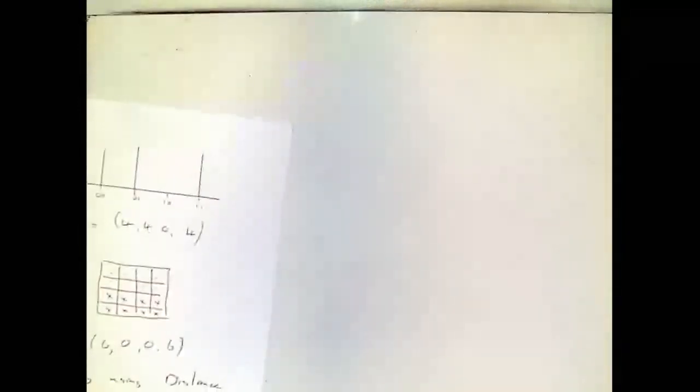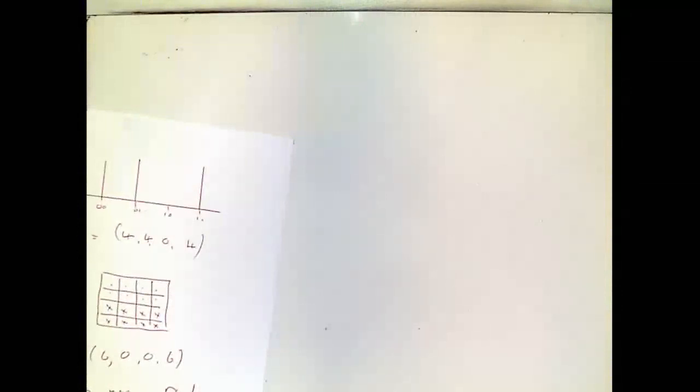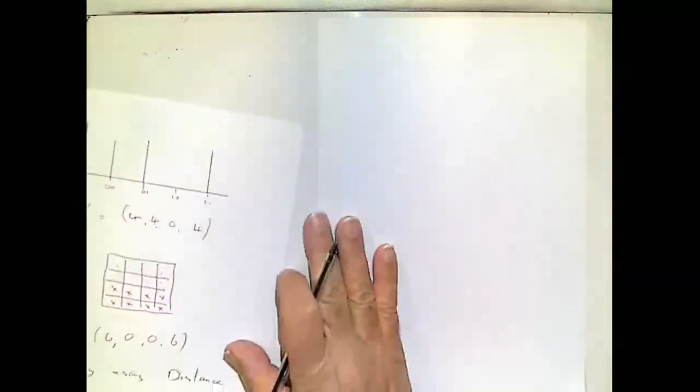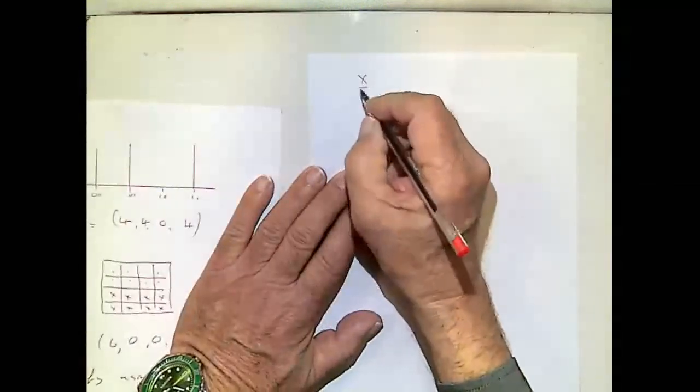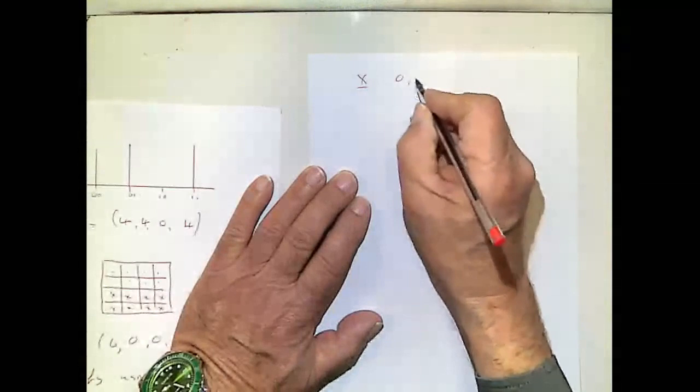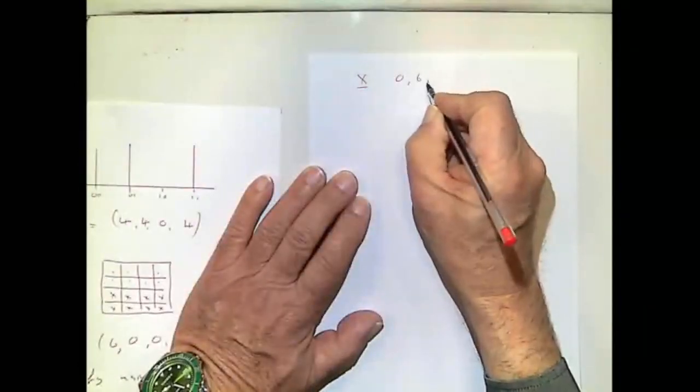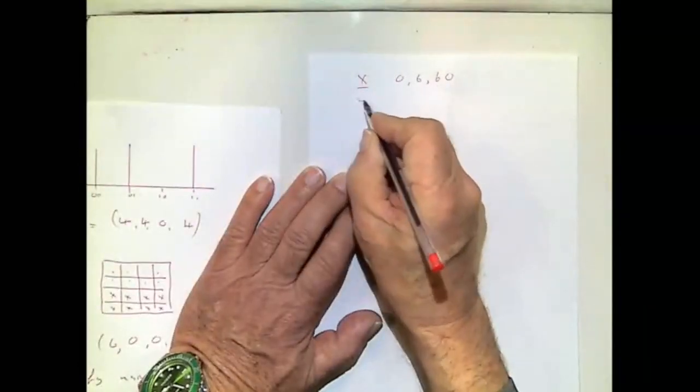So let's put the patterns on a separate page. So we've got x was equal to 0, 6, 6, 0.